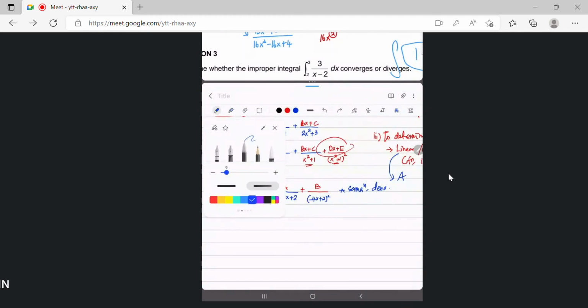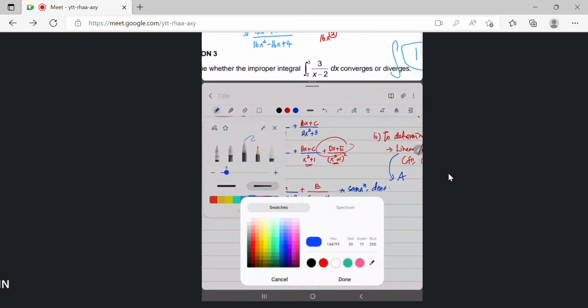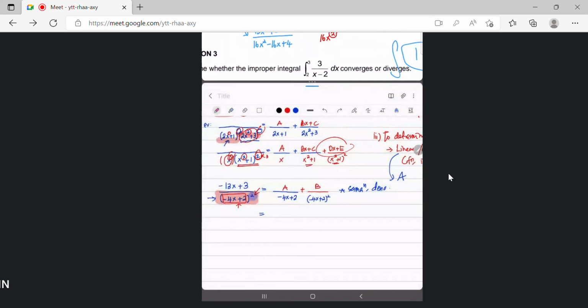Sekejap, ambil lain. Okay, saya ambil colour pink. Ambil yang ini, kita punya factor untuk denominator untuk function ni, negative 4x plus 2 kan? Okay, imagine that negative 4x plus 2, we just need to divide with our original denominator.